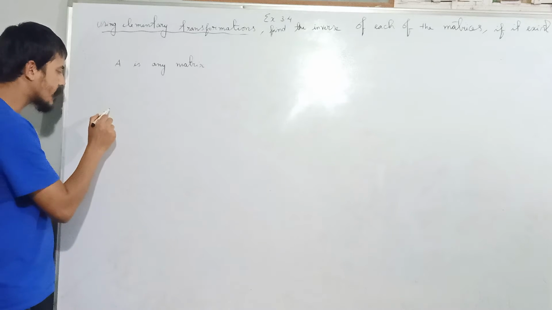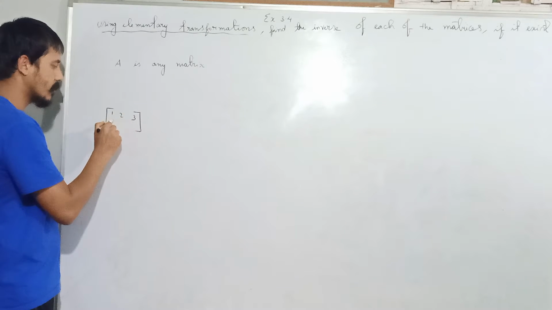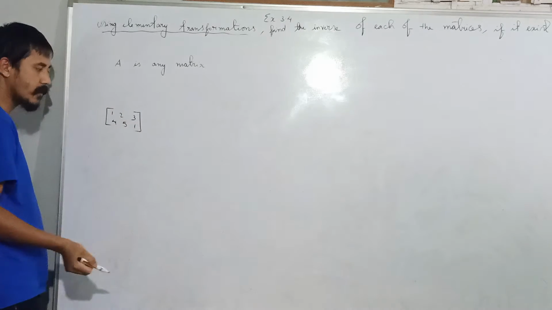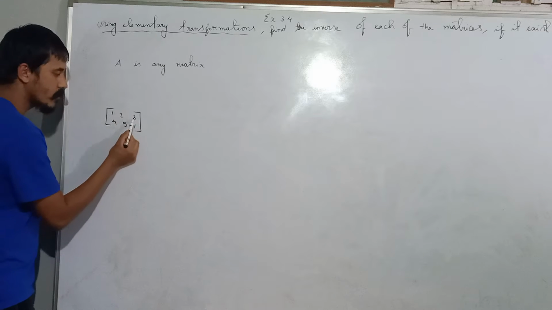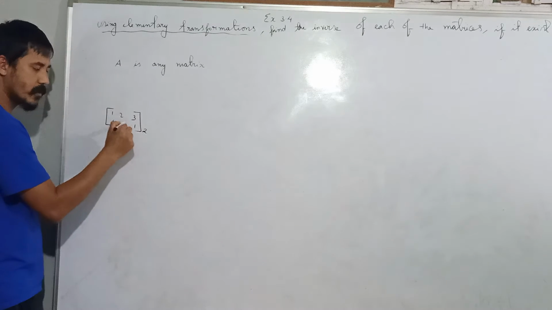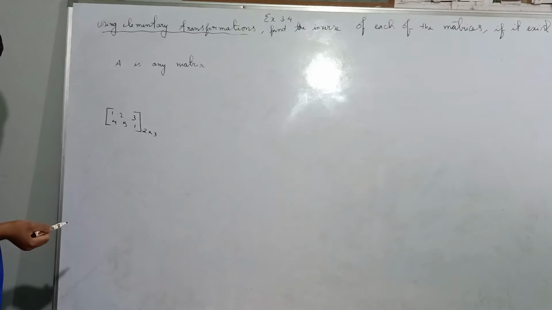See, if it is a rectangular matrix, then this matrix has 2 rows and 3 columns, right? Then we say the order is 2 cross 3.